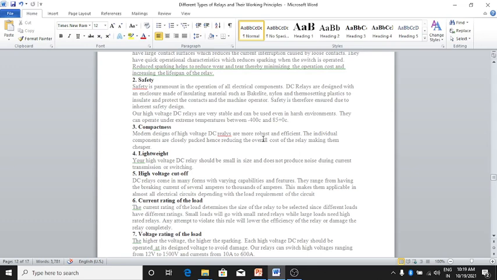High voltage cutoff DC relays come in many forms with varying capabilities and features. They range from having a breaking current of several amperes to thousands of amperes. This makes them applicable in almost all electrical circuits, depending on the load requirement of the circuit.